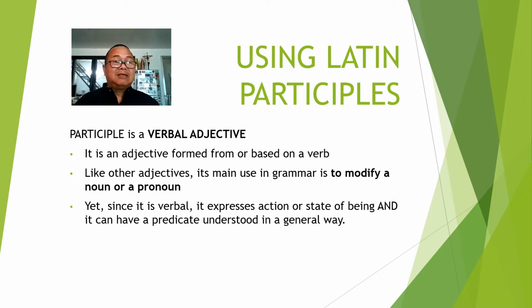So, iyon ang butan sabi yung kanyang predicate understood in a general way. So, yan ang both sabihon kang participle. Primarily, as an adjective, it is used to modify a noun or a pronoun. And because it is derived from a verb, it can be used in other constructions like any other verb.